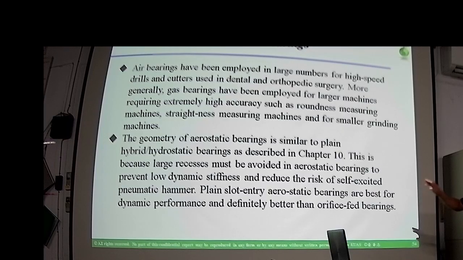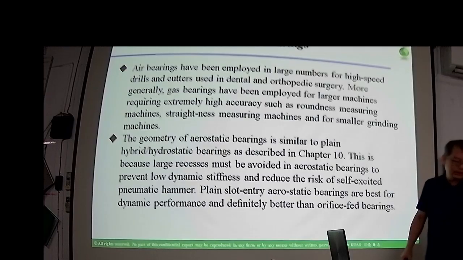tolerance for the aerostatic bearing is more accurate than the hydrostatic bearing. 加工的公差来讲，空气轴承会比液压轴承的公差更小，所以更难加工。So we can look at the detail of this.